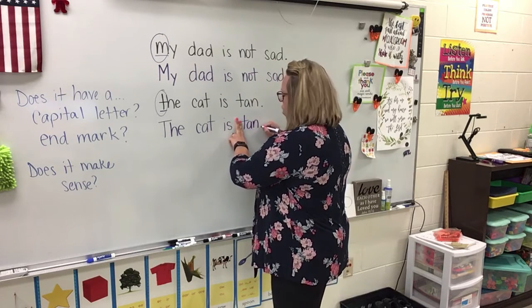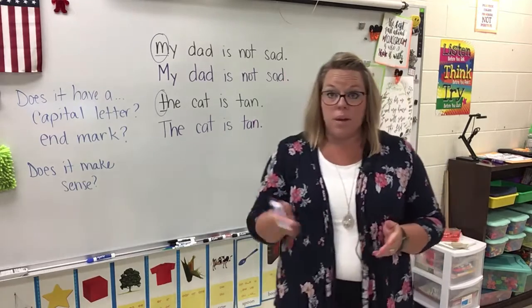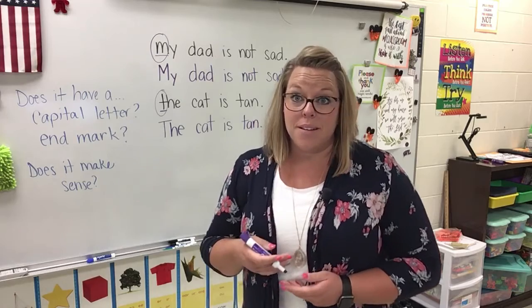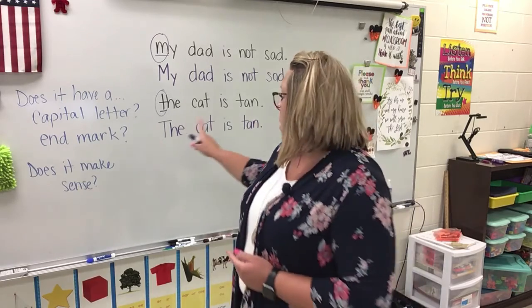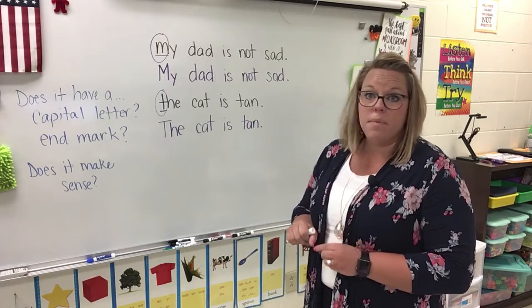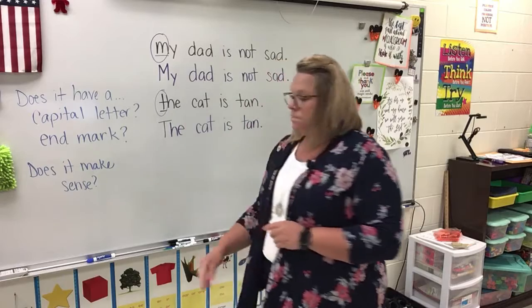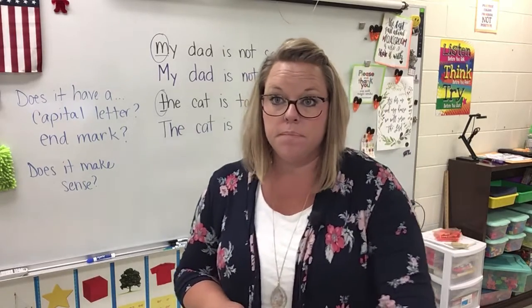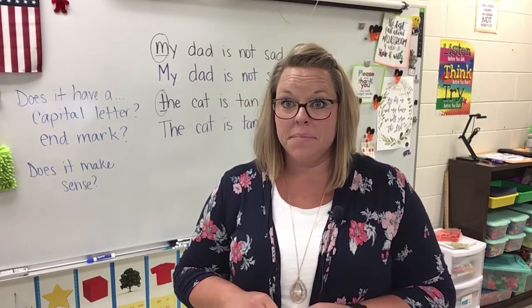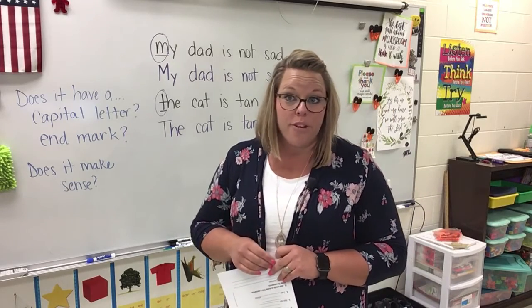Make sure that the only capital letter I have is the T at the beginning, and the rest of my letters need to be those lowercase letters. Okay? The cat is tan. Go ahead and get that written. The cat is tan. I'll give you just another couple of seconds, and then I'm going to show you what you have for your homework today.